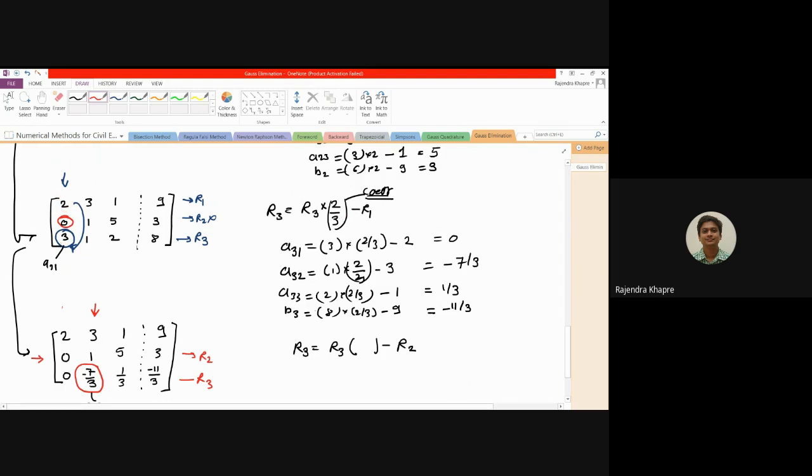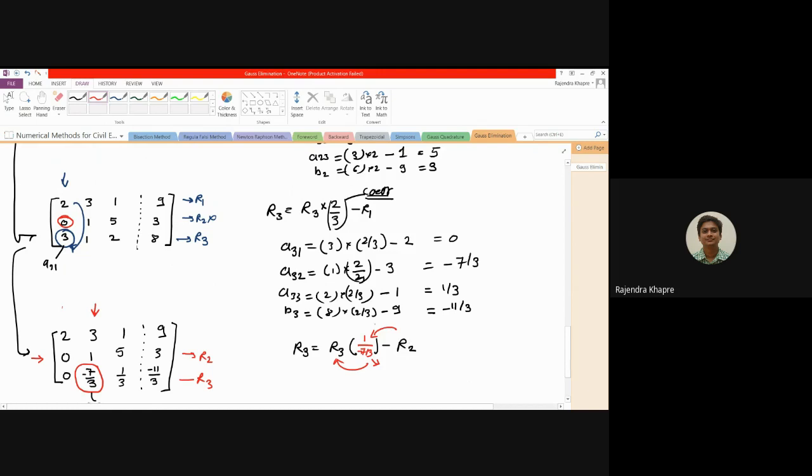So this will be something like the first row is nothing but your 1, and divided by this will be minus 7 by 3. Okay, so always remember, this is a coefficient of the same row, that is this row, and this is the coefficient of the second row.